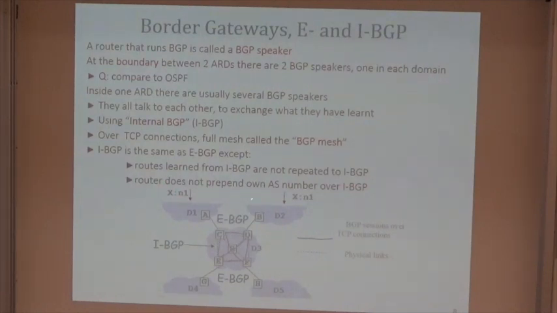First, when A sends a route to C, the route X and 1, then A will add its own AS number, D1. So when you're a BGP router and you speak to somebody externally, you add your own AS number to the path, because that's the semantic of path vector. But you don't do that internally, because it's already present here. So that's only an obvious difference.